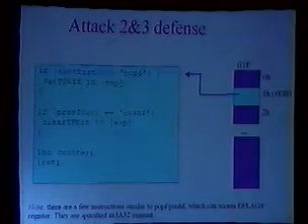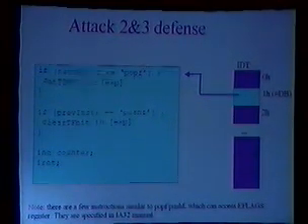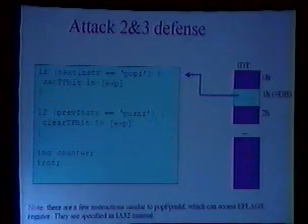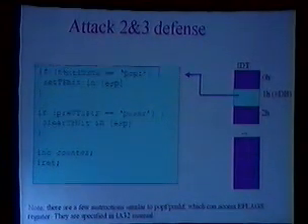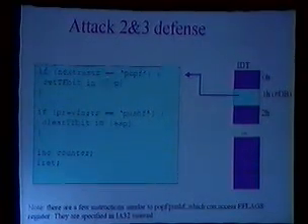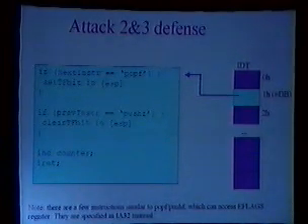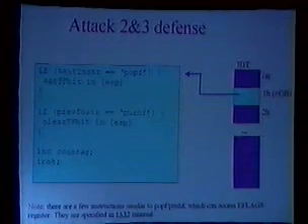So if the process is trying to pop a word from the stack and load it into the EFLAGS register, we just set the TF bit in this word on the stack.